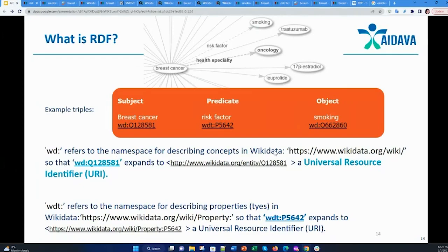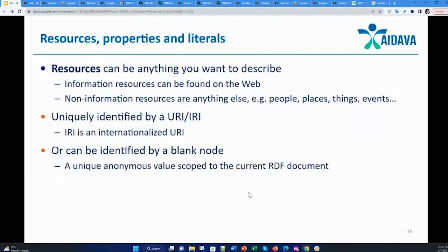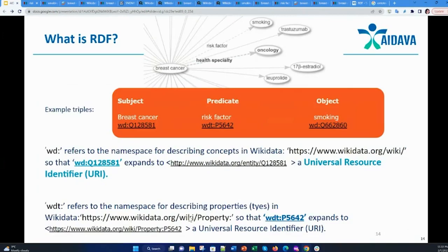The identifiers, universal resource identifiers, actually refer to the following URLs, which we can use to access the concept description. Here it's Wikidata entity and the corresponding ID, and for the property and the corresponding ID.